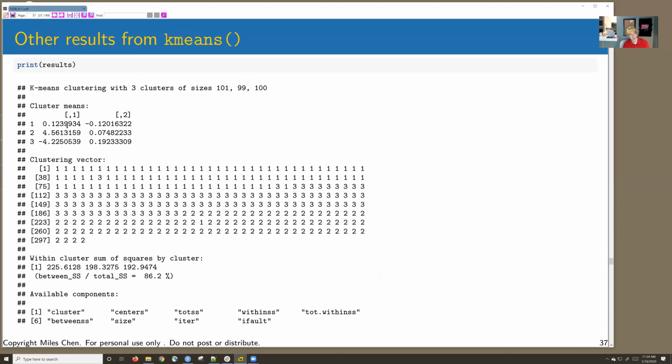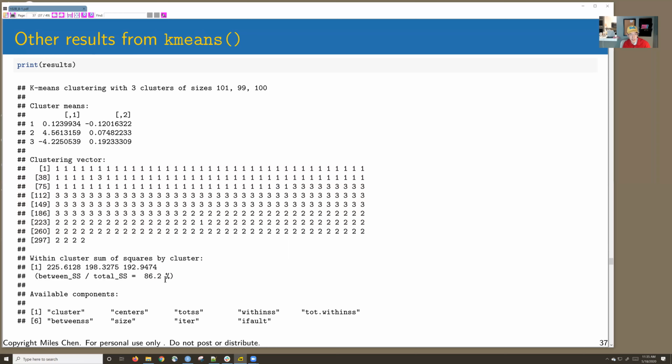These are the assignments. I think in the original data, these were all 1s, these were all one cluster, and these were all another cluster. So maybe this one got put in the wrong place, and there might be some error there, but who knows.